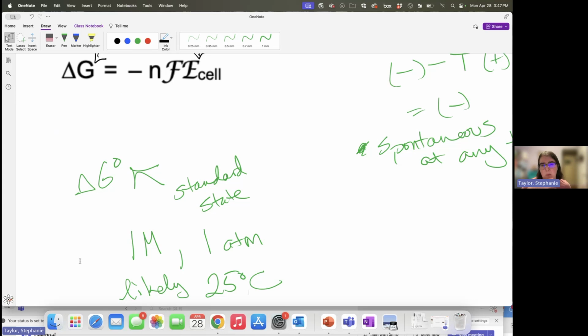Because of that, we usually don't say that delta G standard and delta G are interchangeable, because delta G could be for absolutely any combination in any set. Usually delta G without the standard symbol is for spontaneity of the reaction at any point. Delta G standard is asking, is the reaction spontaneous under standard conditions, 1 molar, 1 atmosphere? So very specific conditions.